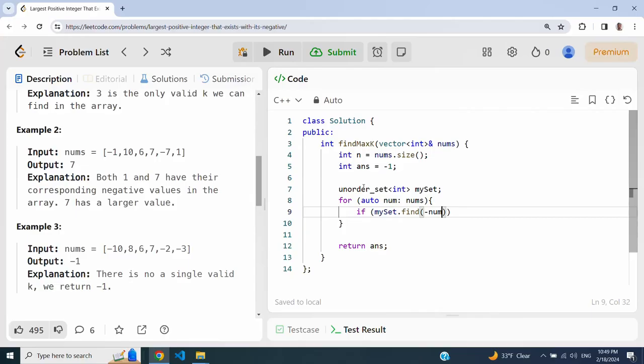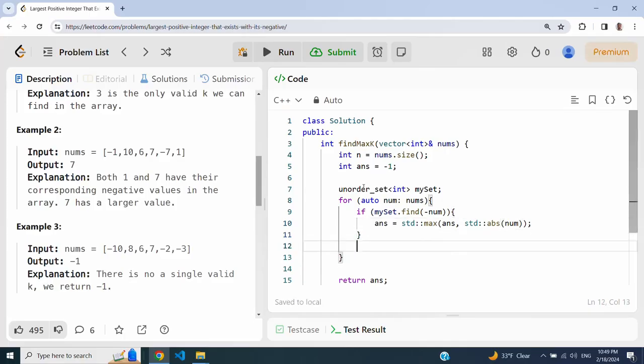If it contains the minus value of this number, then I found it. It is just one of the solutions, of course. So answer is equal to std max of answer and, again, I have to take the absolute value because I don't really know if the number is positive or negative.